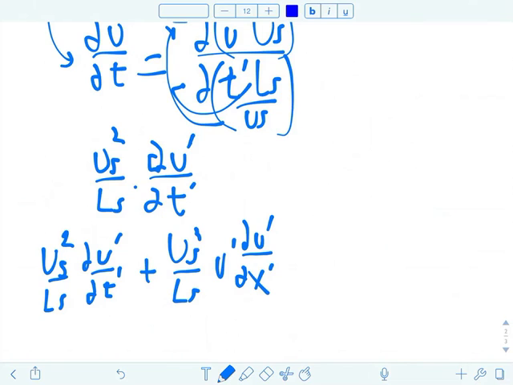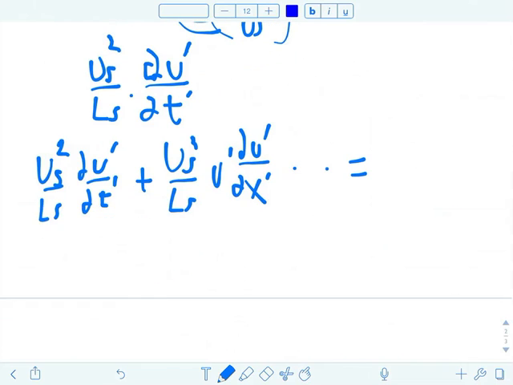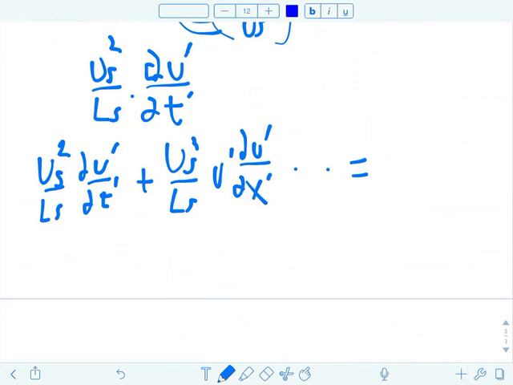The other advection terms look the same as that, plus that, equals, now on the right-hand side, the pressure term scaling ends up being the same, times partial P prime, partial X prime.